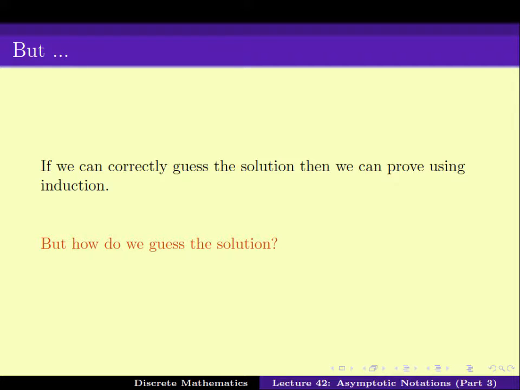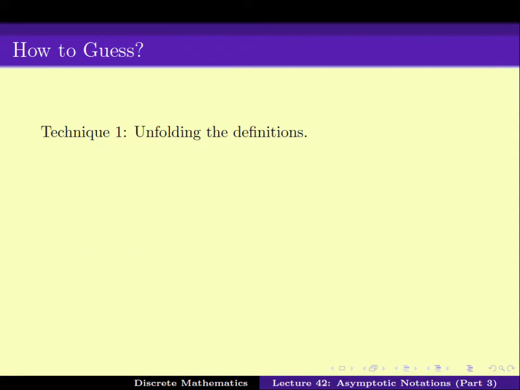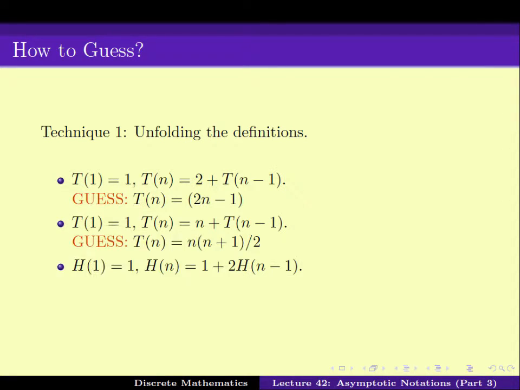Now there is no one way of guessing the solution. One simple way is what we call unfolding the definitions. So by unfolding the definitions, we can possibly guess the solution. And we saw how this can be done for this set of recurrence relations.